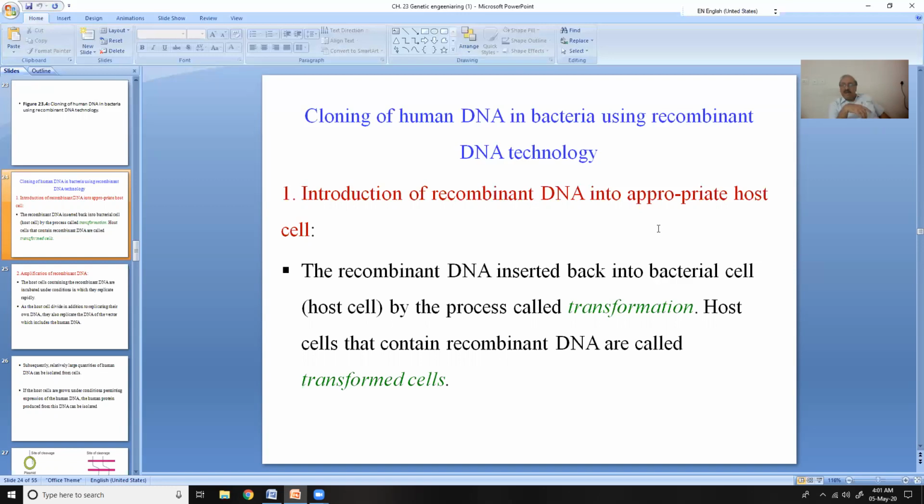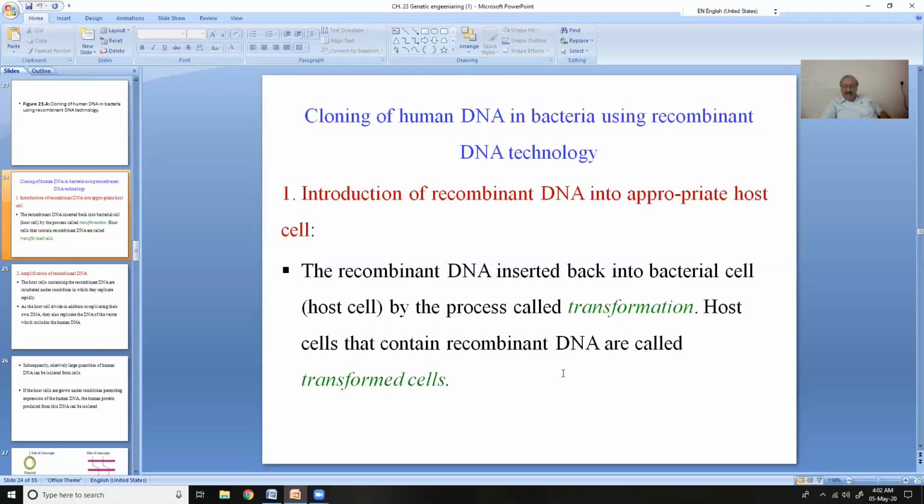Cloning of human DNA in bacteria using recombinant DNA technology. What is the introduction of recombinant DNA into an appropriate host cell? Listen to what I am telling you. The recombinant DNA is inserted back into a bacterial cell. The recombinant DNA is formed from human and bacterial DNA: one strand is from the human being, the other from the bacteria. It is inserted into a bacterial cell by a process called transformation.